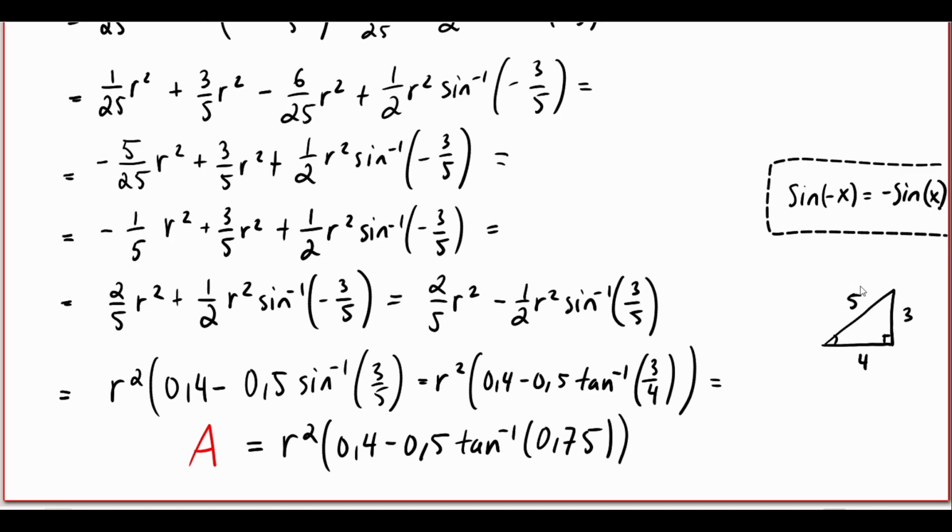So we have 3 over 5, and by using the Pythagorean theorem, we can see that this side has to be 4. So 3, 5, and 4 here then. So this is 4, so we can rewrite it to arctan. Arctan is then 3 divided by 4, which is the same as 0.75. So the area becomes r squared times, okay, 0.4 minus 0.5 times arctan of 0.75.